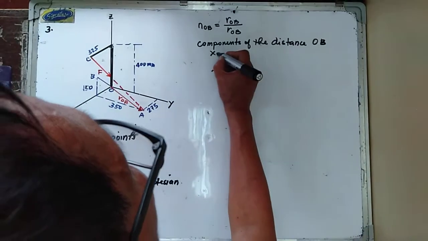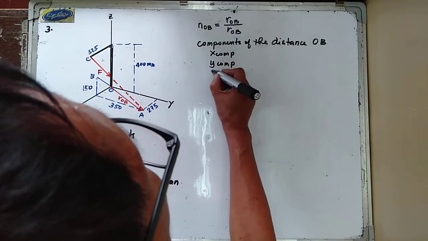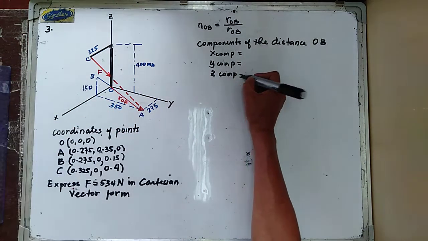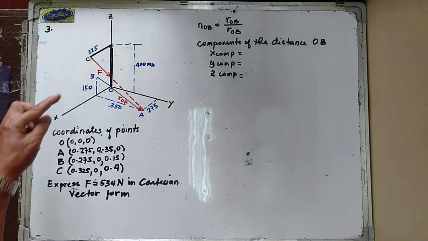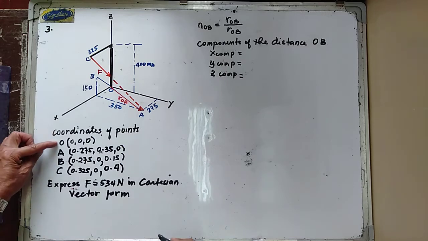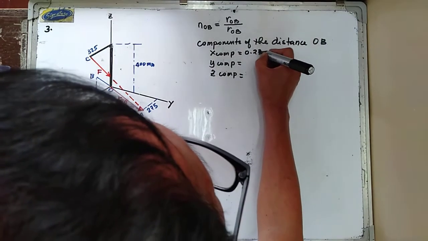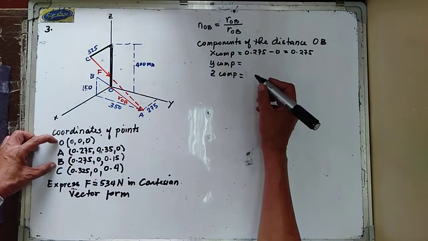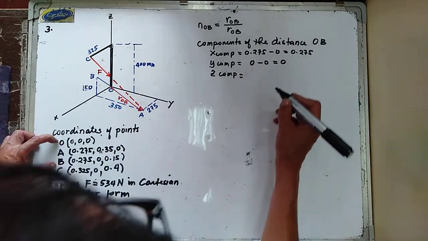We have the X component, the Y component, and your Z component. So that is OB, hence it is B minus O. So we have the x component, 0.275 minus 0, 0.275. We have 0 minus 0, that is equal to 0.